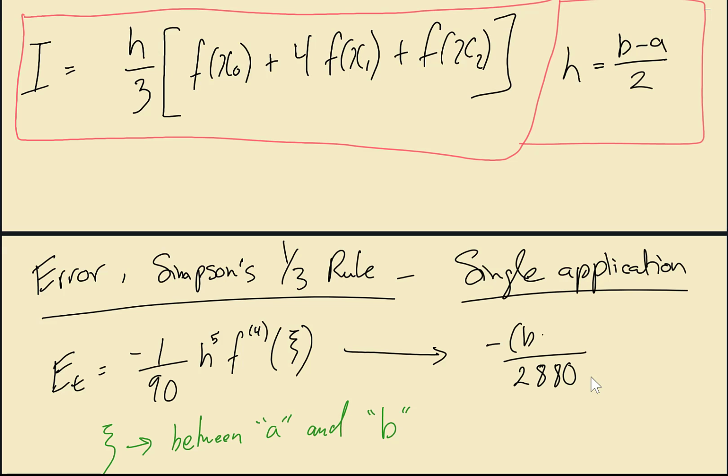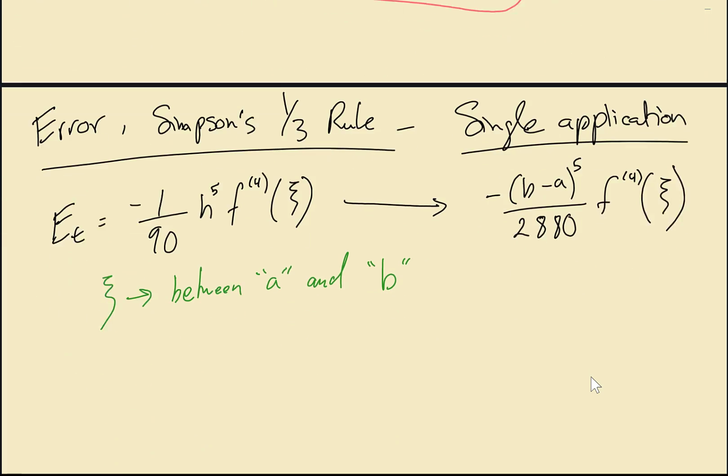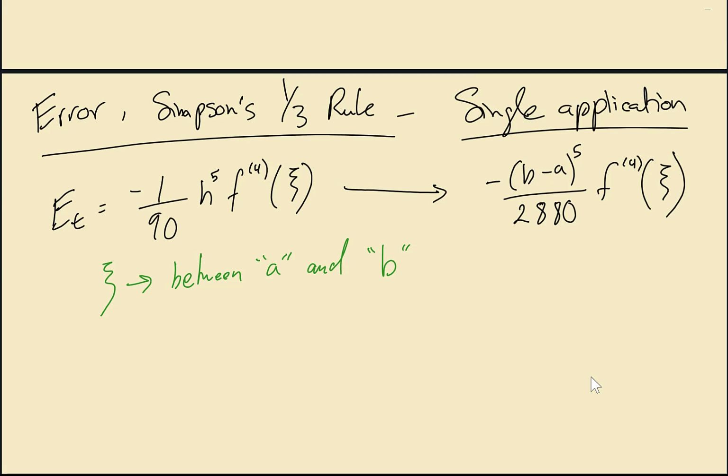And then we still have the fourth derivative at xi. So looking at this equation, if h is large, I'm going to have a large error. Same as before, you decrease the step size, you get more accuracy. Another thing, if the fourth derivative is small, then my accuracy is also large.